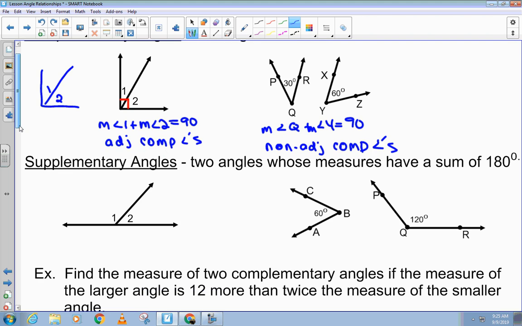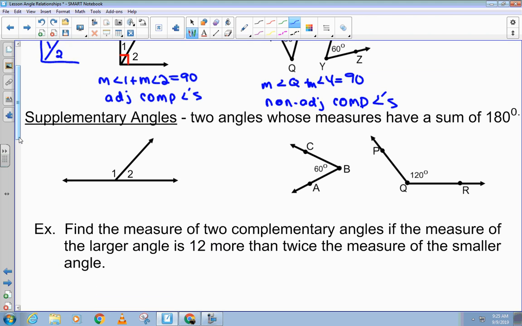Then we have supplementary angles. Supplementary angles are two angles whose measures have a sum of 180. These are just a linear pair, right? We know that the measure of angle 1 plus the measure of angle 2 equals 180. These are adjacent supplementary angles.